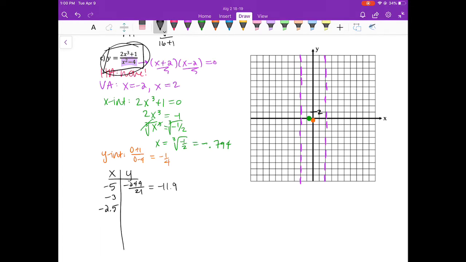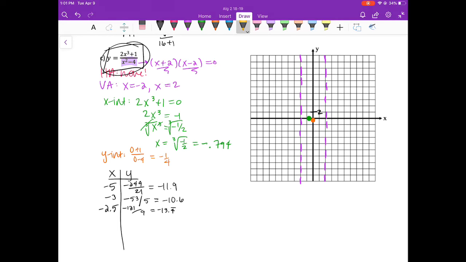So then we plug in negative 3, and we actually end up getting negative 53 over 5, which is negative 10.6. Plugging in negative 2.5, we get negative 121 over 9, which is negative 13.4 repeating. Cool. So now that we've got these points, we'll plot all of those.